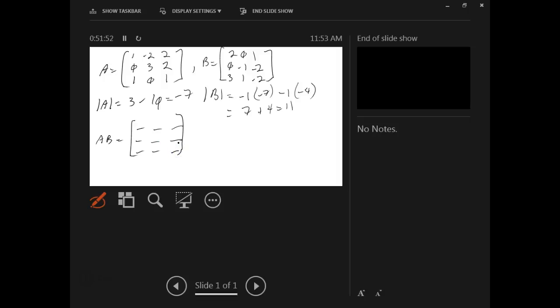Okay? This entry here is 1, 1. So you'll do the first row of A by the first column of B. So that will be 8. All right. So that one's an 8.